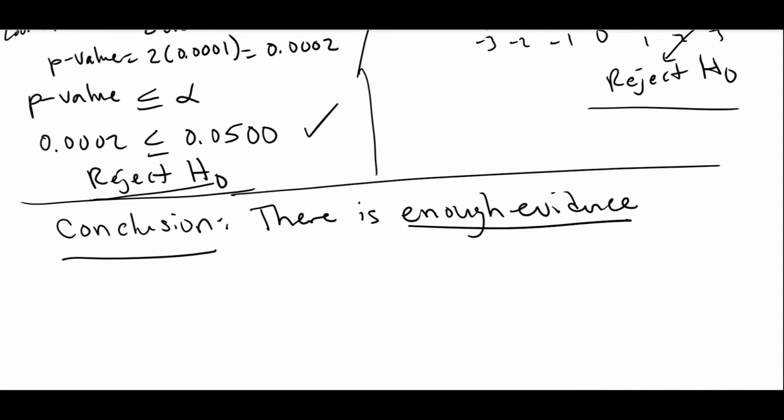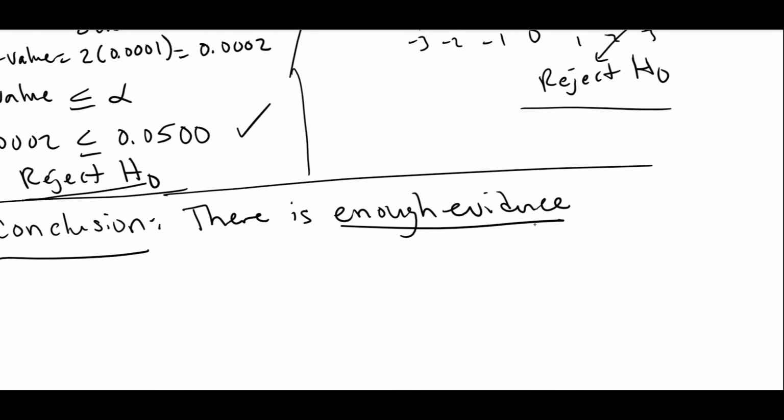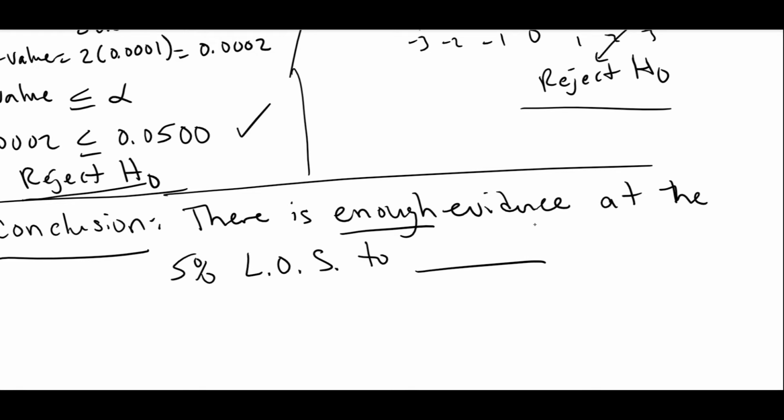Okay, so keyword is there is enough evidence. Otherwise, if you fail to reject, there is not enough evidence. So there is enough evidence at the, in this case, we're talking about the 5% level of significance.